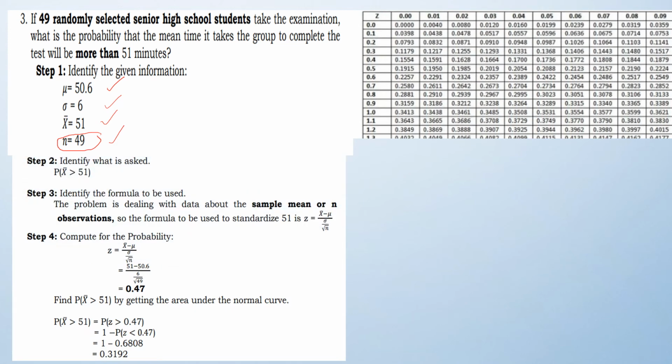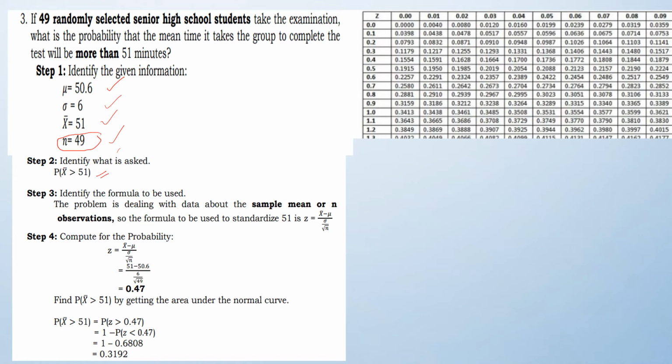This time, sa step 2, we will identify what is asked. So, ang tanong sa atin, what is the probability that the mean time it takes the group to complete the test will be more than 51 minutes. The probability of the mean is greater than 51. Yan ang tanong.